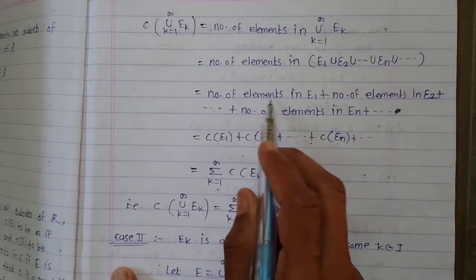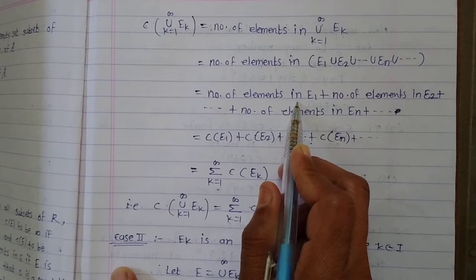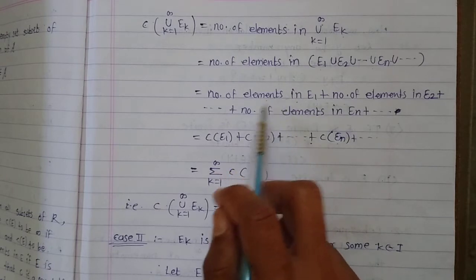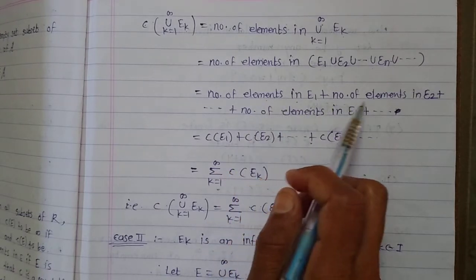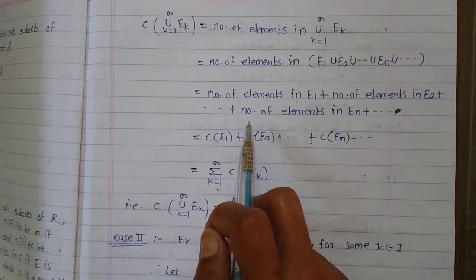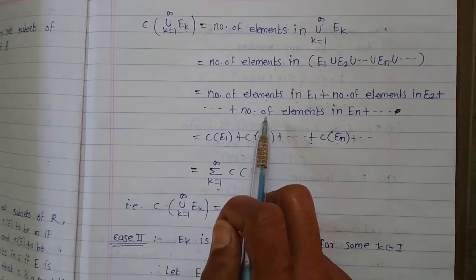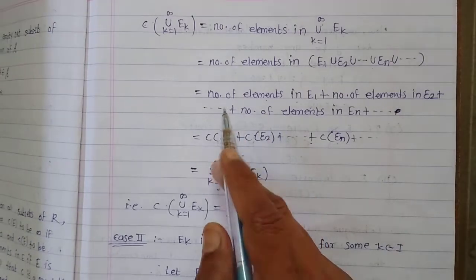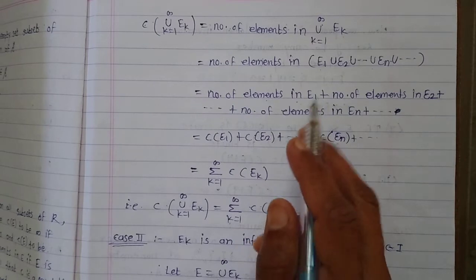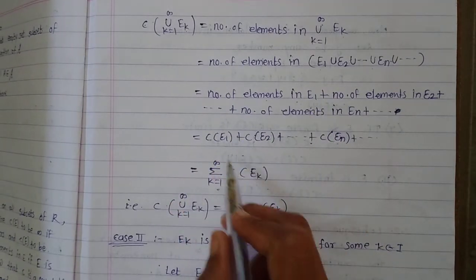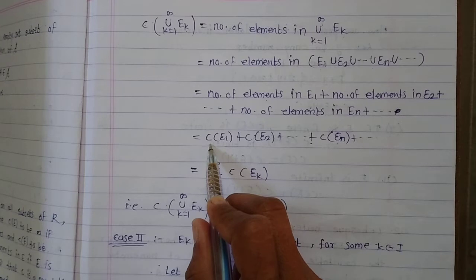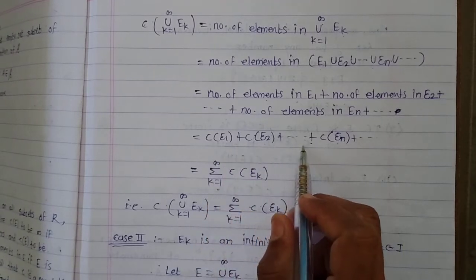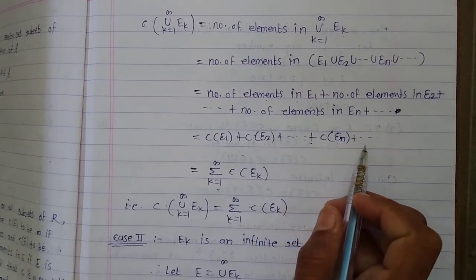If we apply the function C on this set, it is written as the number of elements in E1 plus the number of elements in E2 plus E3 plus E4 and so on, plus the number of elements in En plus and so on. Each of these is defined by the function C, so which is nothing but C of E1 plus C of E2 plus C of E3 and so on, C of En plus and so on.